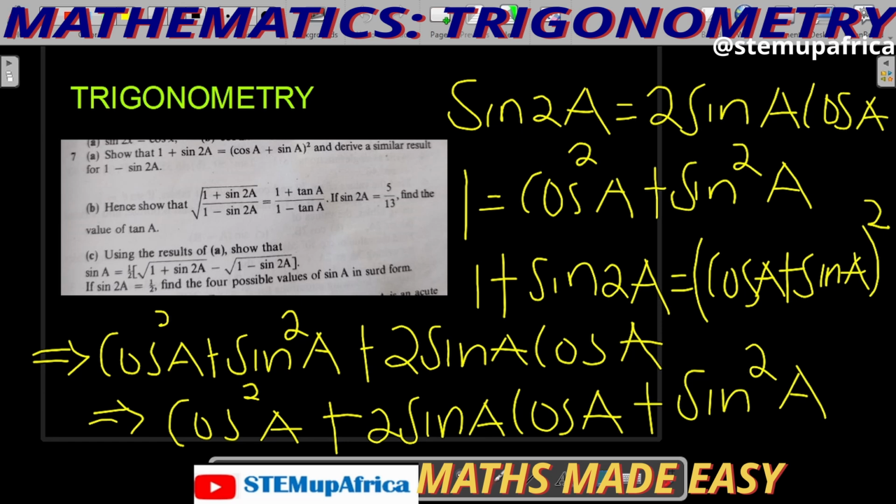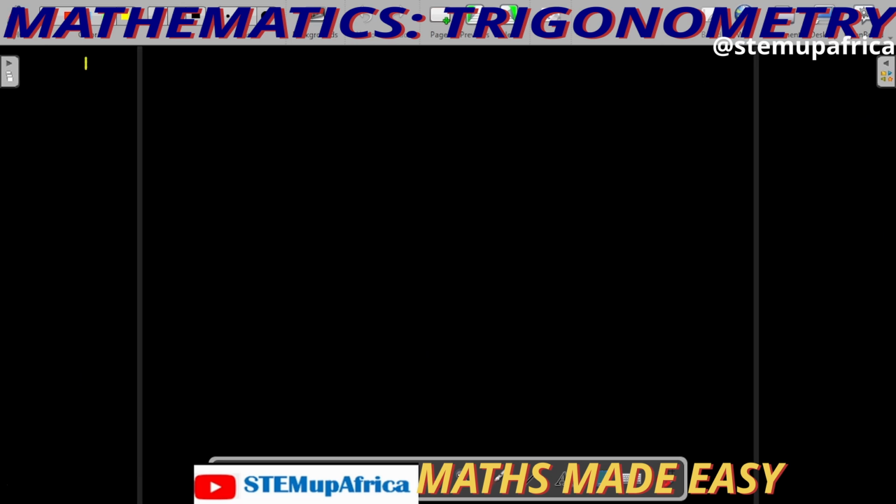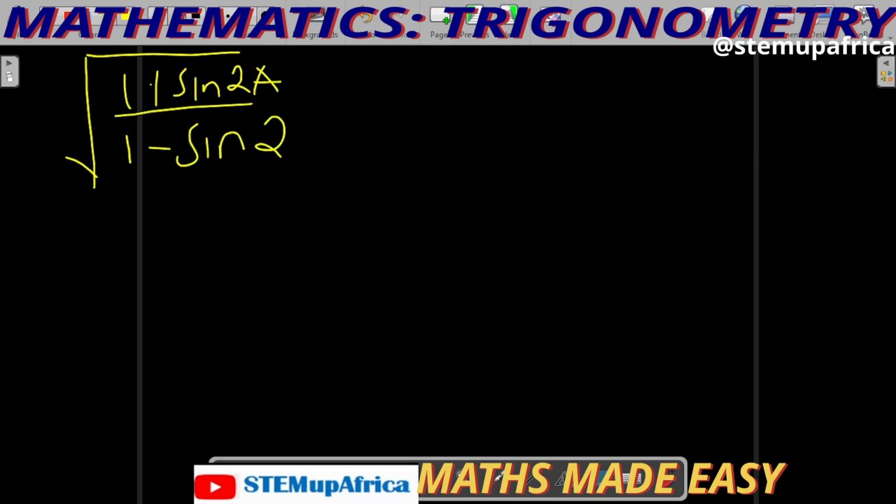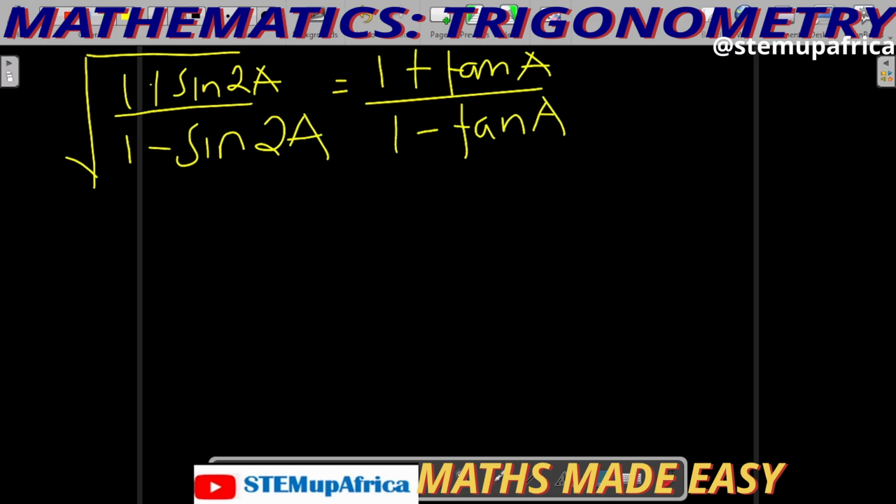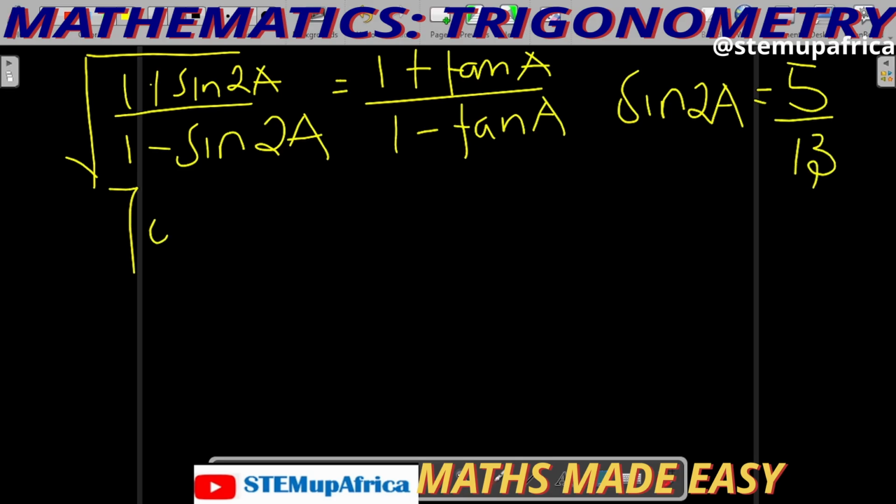We are given that the square root of 1 plus sine 2A over 1 minus sine 2A is equal to 1 plus tan A over 1 minus tan A. And we are told that sine 2A from the question is simply 5 over 13. Then our tan A becomes the question mark.